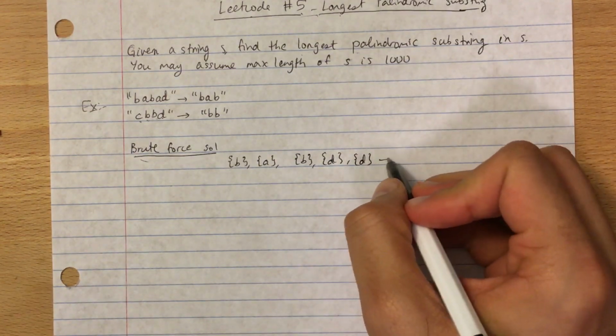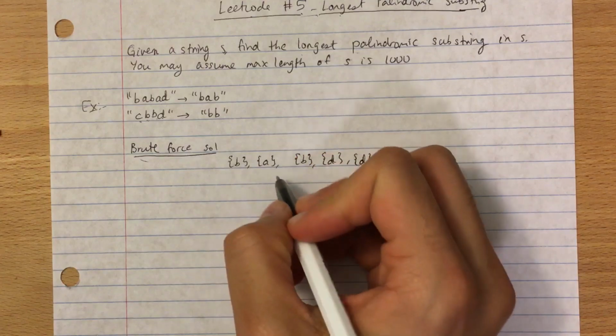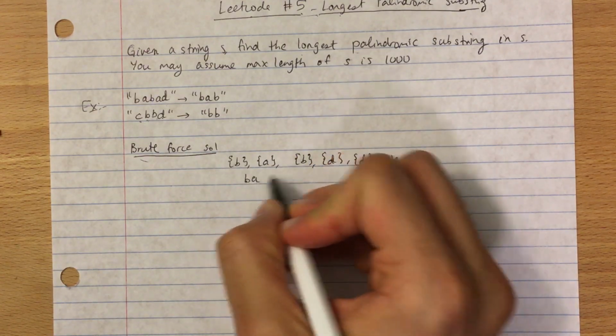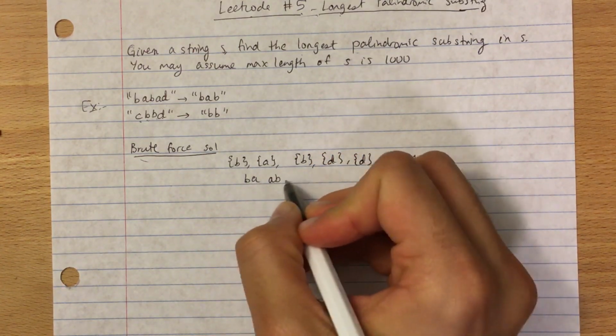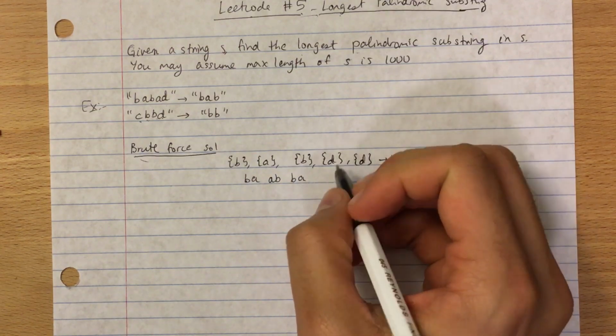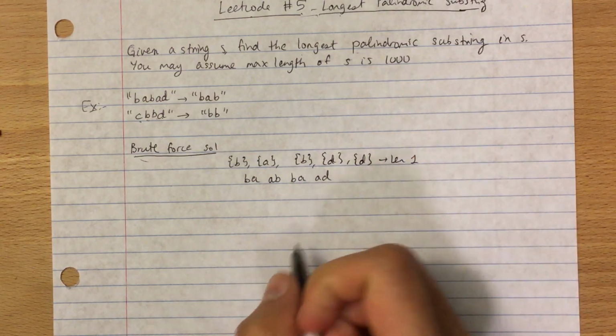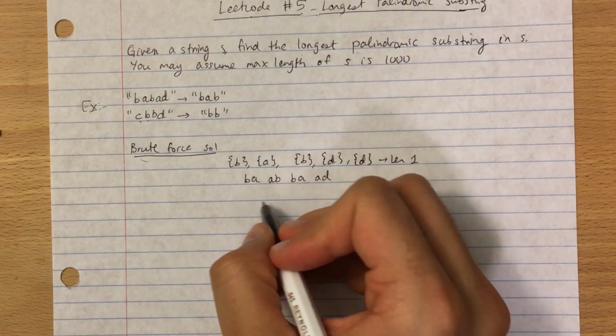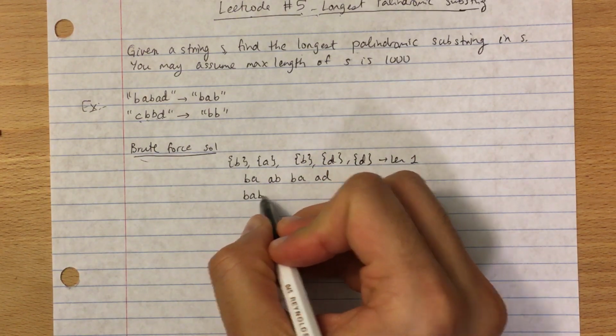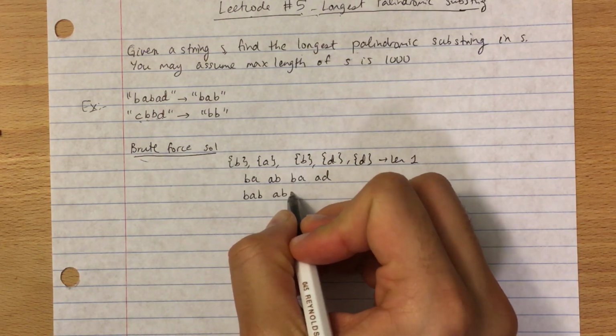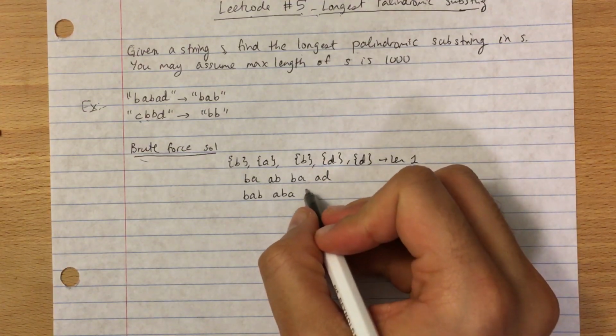So this would be of length 1. Of length 2, it would be BA, AB, BA, and AD. Of length 3, it would be BAB, ABA, and BAD.